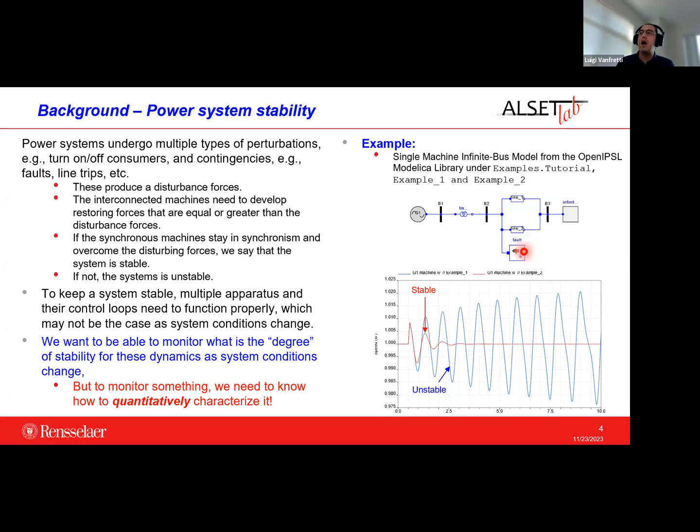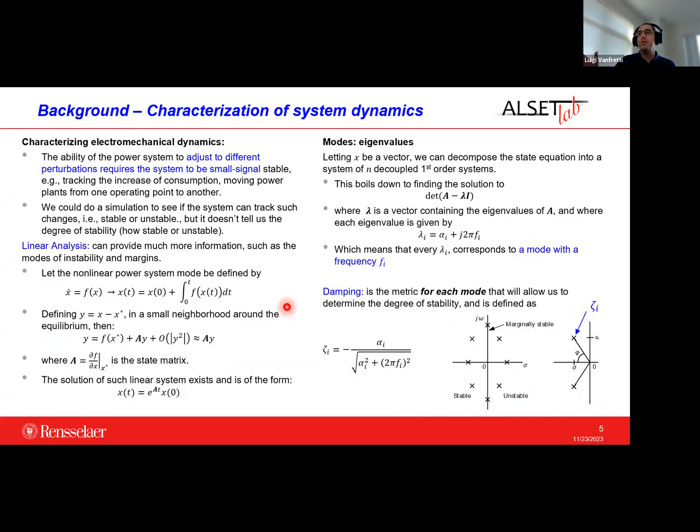You could say it's going unstable, or it's going stable, but you cannot say how much. And so what we use for that is damping. That's how we characterize what we call electromechanical dynamics.